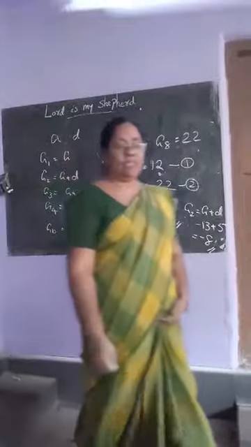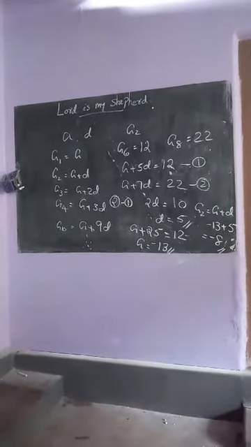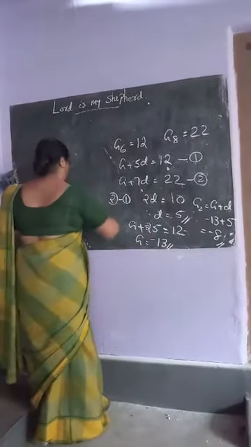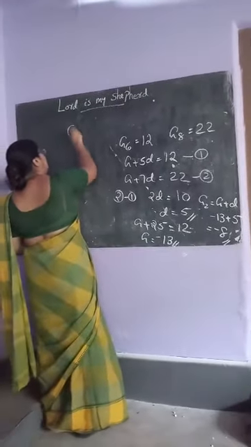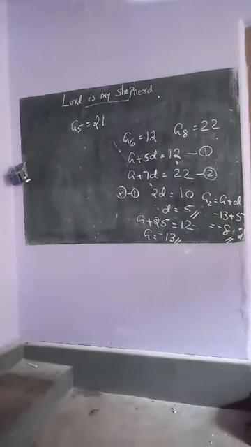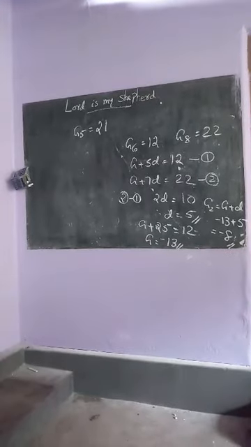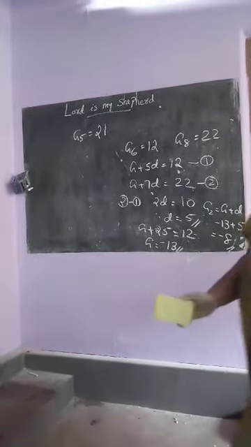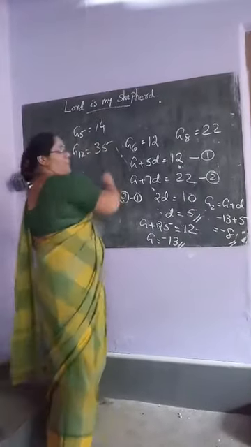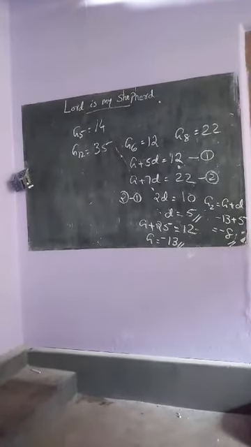Now, next question is, if the fifth term is 14 and 12th term is 35.